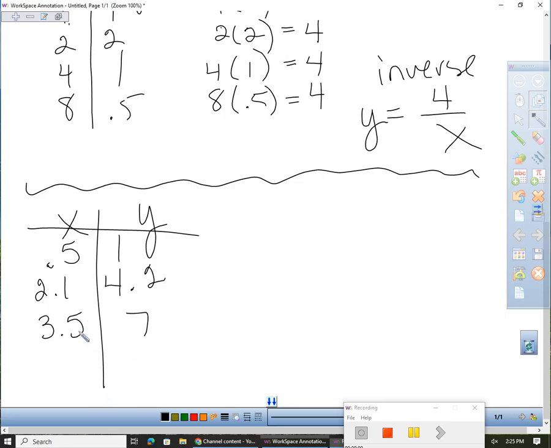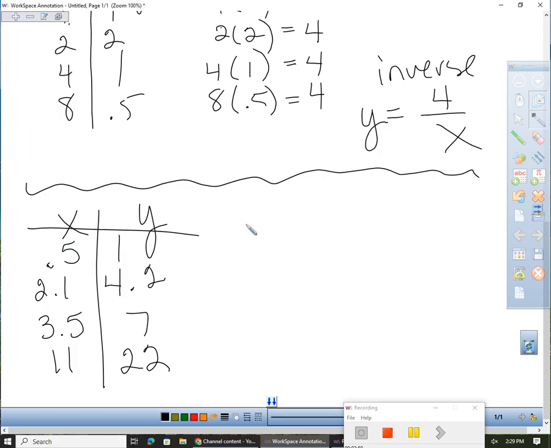And how about 11 and 22? So if we're deciding between a direct variation and an inverse variation, inverse is when I can times the two together and I get the same thing. Direct is when I can divide each one and get the same thing.